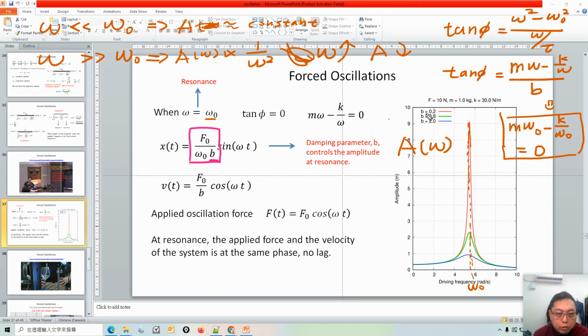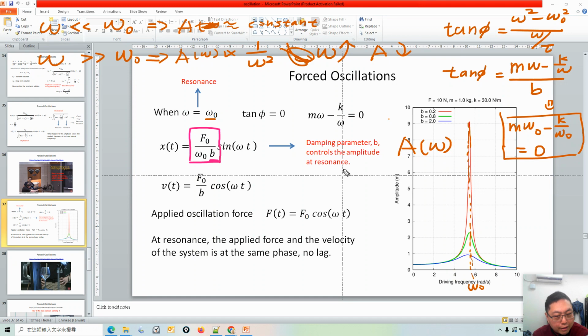But when we switch the damping parameter to 0.2, for the red line, you will find its amplitude increases so much close to resonance, and then decreases as a function of applied frequency. So this is just what we see in the mathematical formula. The damping parameter b controls the amplitude at the resonance.